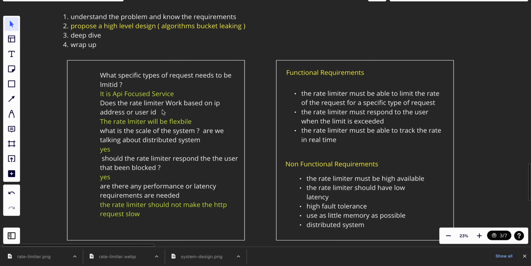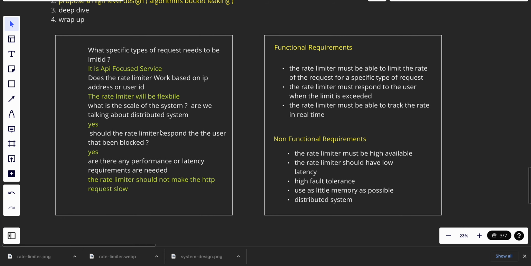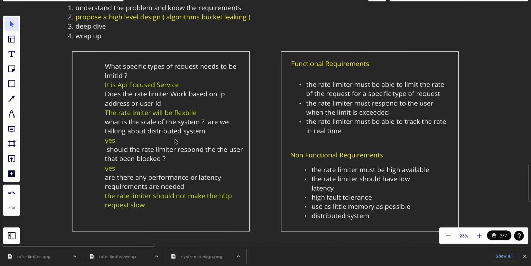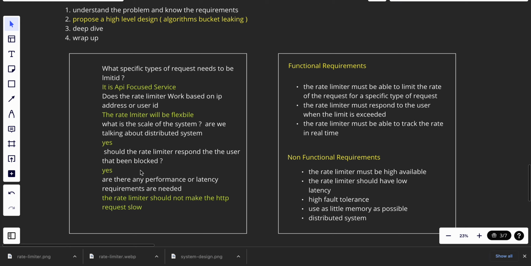These questions are to know what we are building, which specific types of requests we are limiting with this rate limiter, how large the scale of the system is, and the performance requirements, including latency.